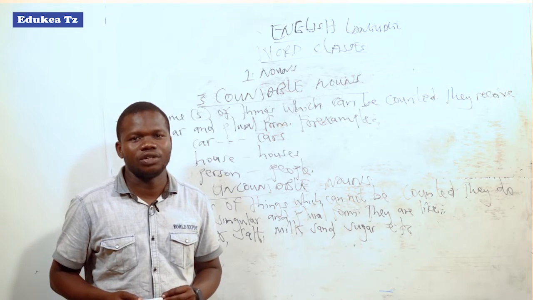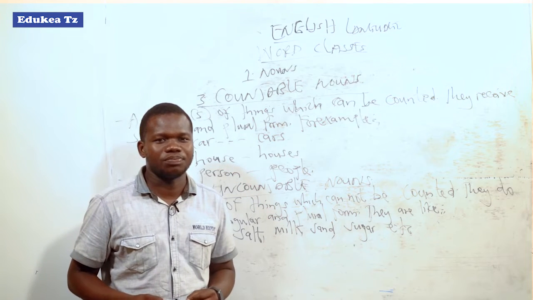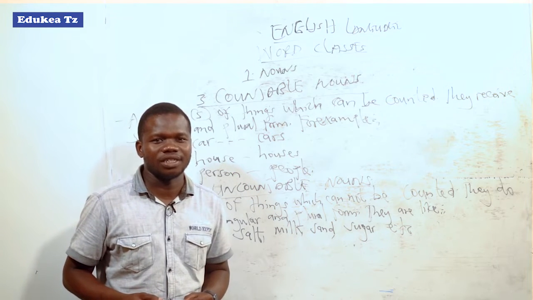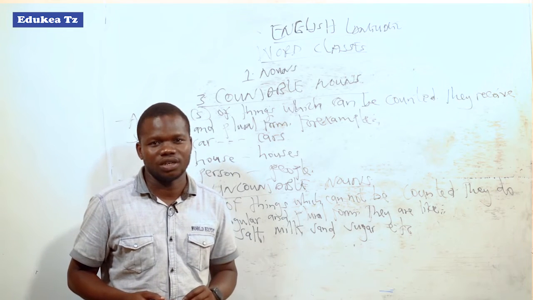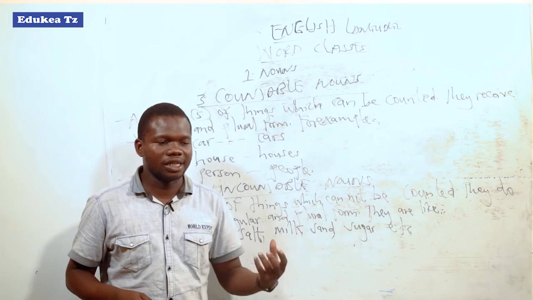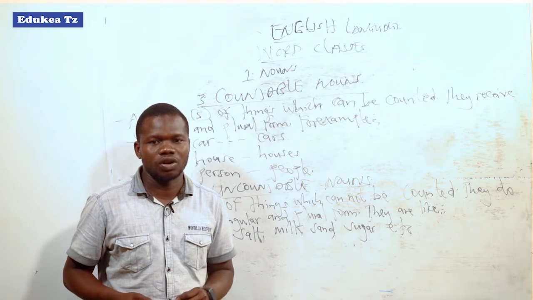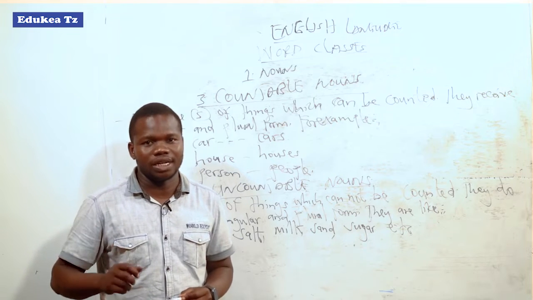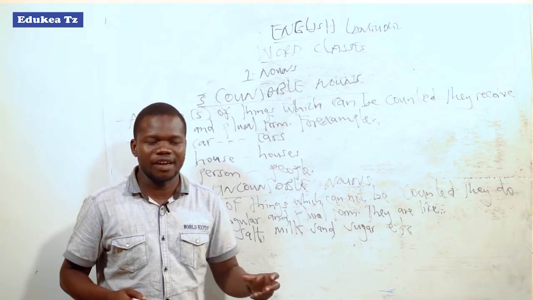For example, John. We said the word John is a proper name because it refers to the particular name of a given person. For example, a teacher enters the class and wants to call a particular student whose specific name is John.